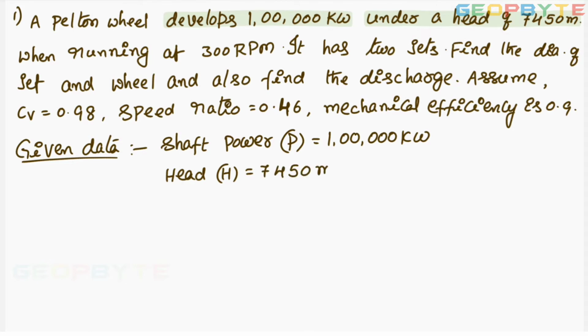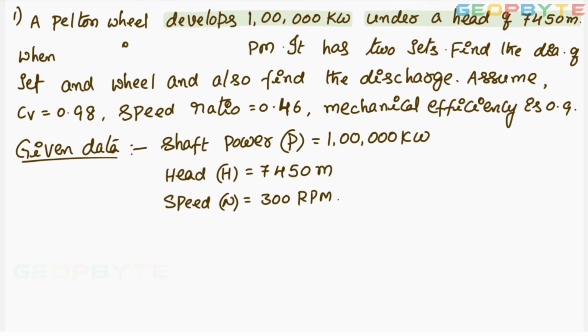When running at 300 rpm, speed N equal to 300 rpm.